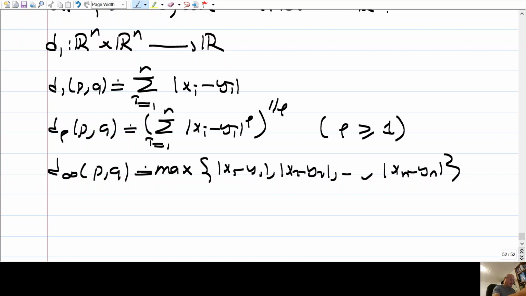As I said, they are all metrics, but proving that D rho is a metric is not that easy. And I will also talk about the discrete metric next time. I guess we may stop here for today. Next time I'll continue.